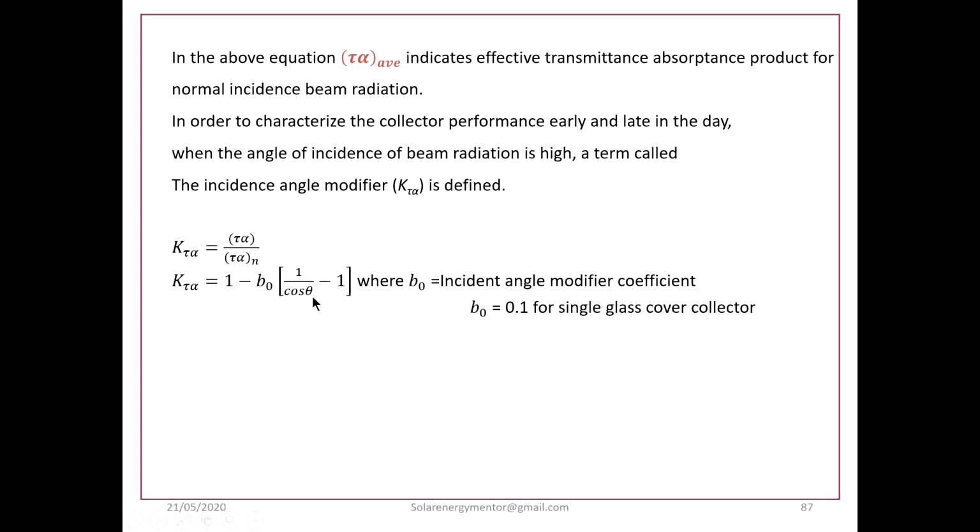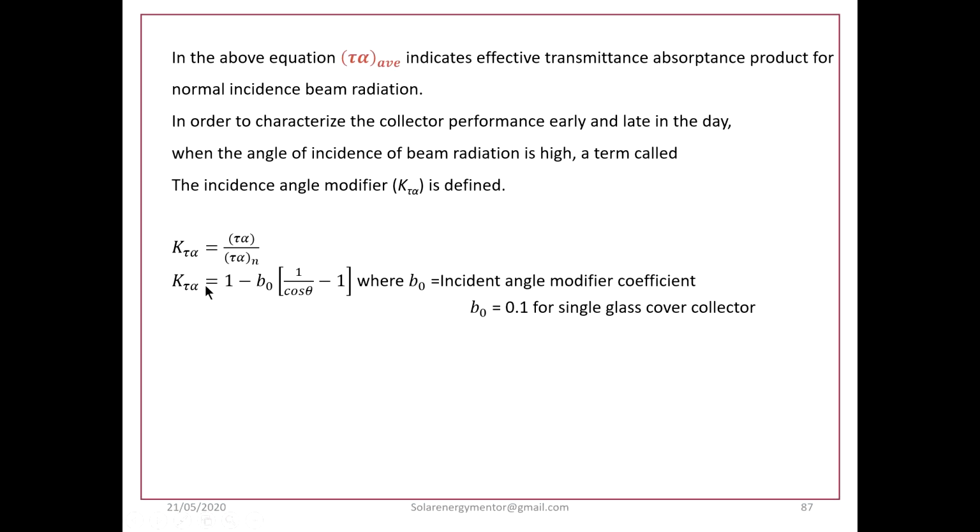Cos 60 is 0.5, so 1 by 0.5 is 2. So 2 minus 1 is 1. Now b0 is 0.1, so 1 into 0.1 is 0.1, and 1 minus 0.1 is 0.9. So the value of the incidence angle modifier at theta 60 degrees is equal to 0.9.